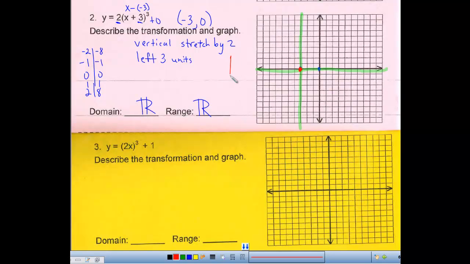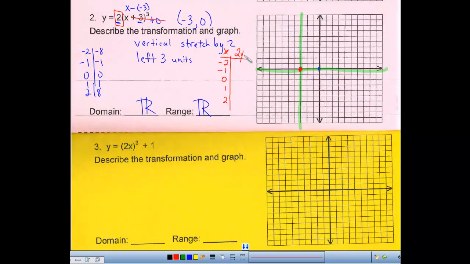So let's take our key points and let's figure this out. I've already used my HK, so I don't need those values anymore. Nothing is happening to X, so I'm going to leave all the X values alone. Now let's look at the Y. Y is what's on the outside, and it's being multiplied by 2.